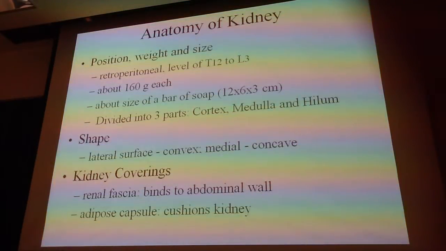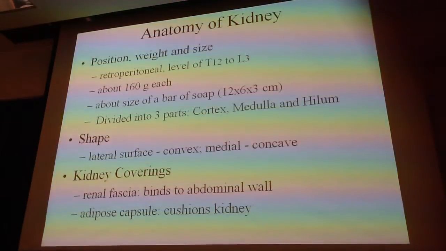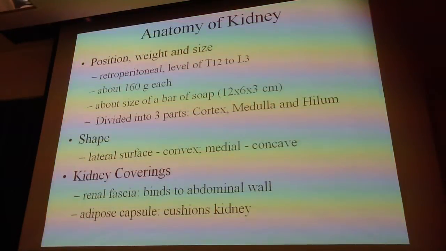That's where the filtration takes place. The medulla has the collecting system. The hilum is where all the blood vessels and nerves come in and out. It looks like a kidney bean. I guess that's why they named them kidneys, because they had kidney beans, and they said, oh, look at that, it's just like this thing inside the guy's body here, so we'll call it a kidney.